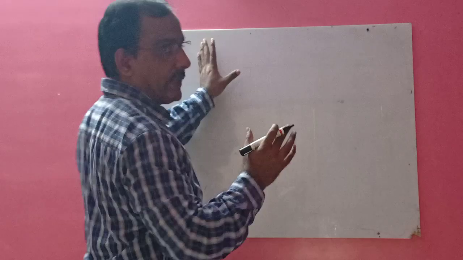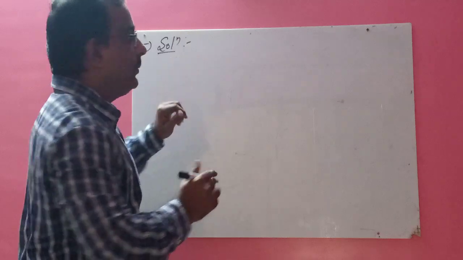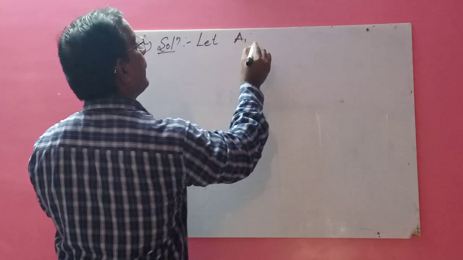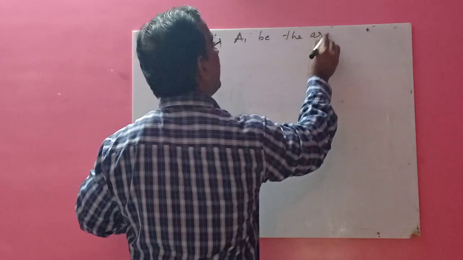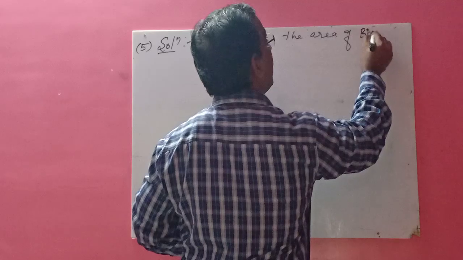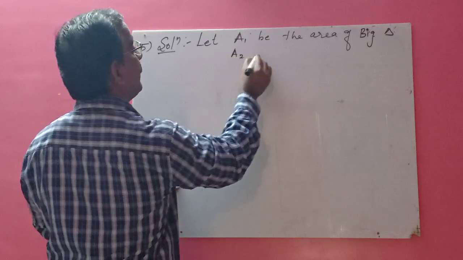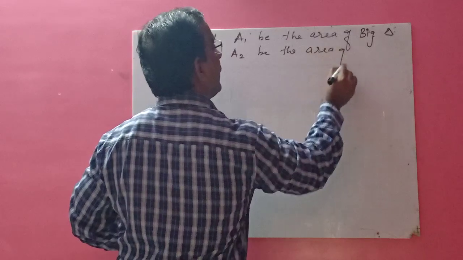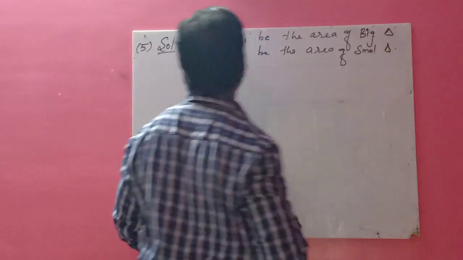as I said, you can take two triangles, let ABC and PQR, but I am not taking this one because already I have done one sum like that. Now second one is, let A1 be the area of bigger triangle, A2 be the area of smaller triangle.